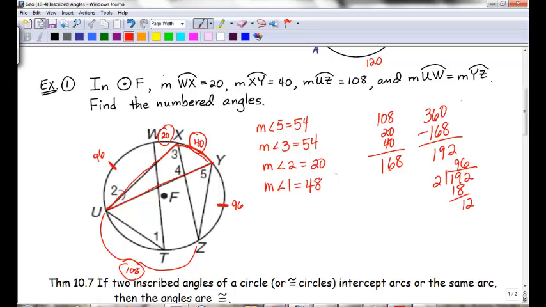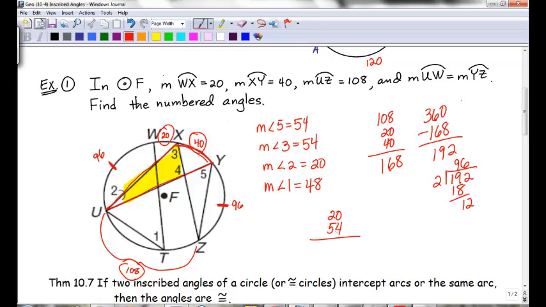Did we find them all? What about angle 4? Angle 4 is not central and it's not inscribed, so how are you figuring it? Do we have enough in this triangle? Angle 2 is 20 and angle 3 is 54.